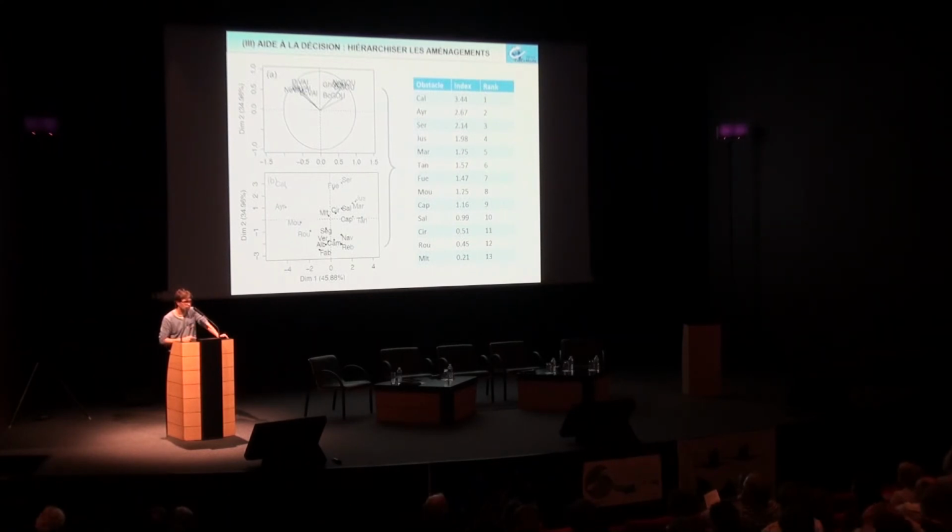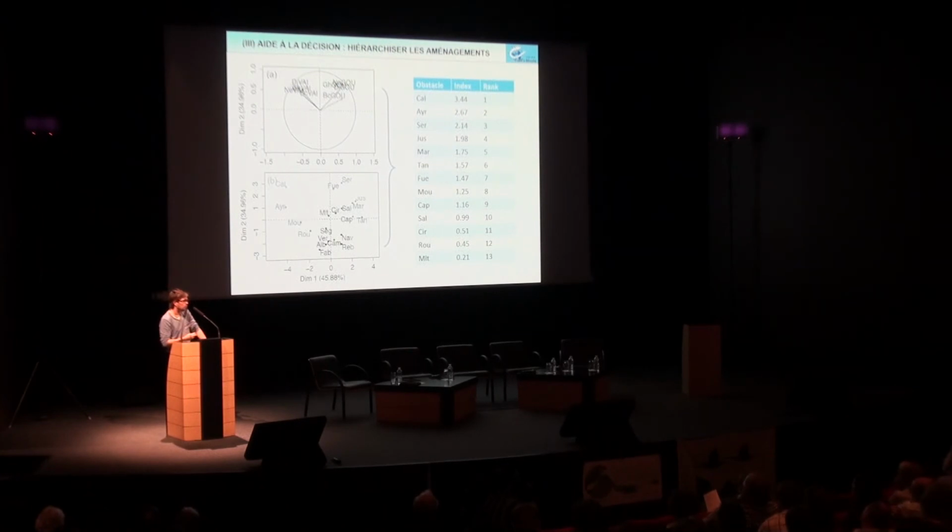So the idea was to use a multivariate method on the Héron and the other river, and to put them so each dot is an obstacle. And with this dimensional axis, we were able to calculate a crossing parameter.